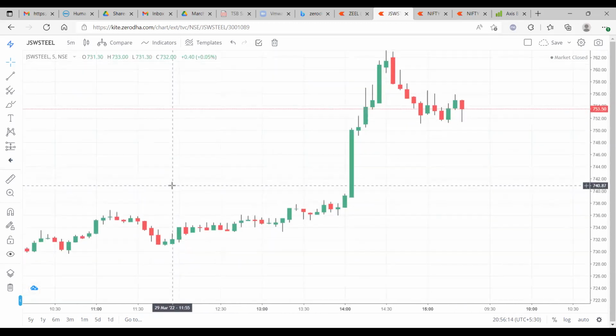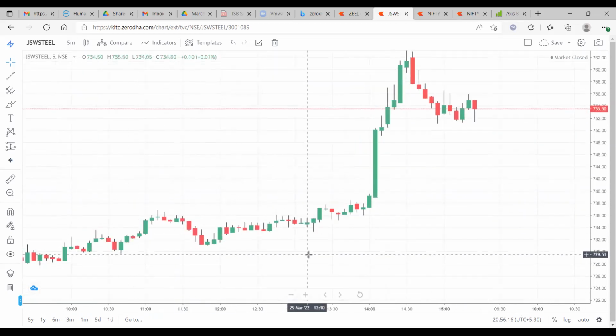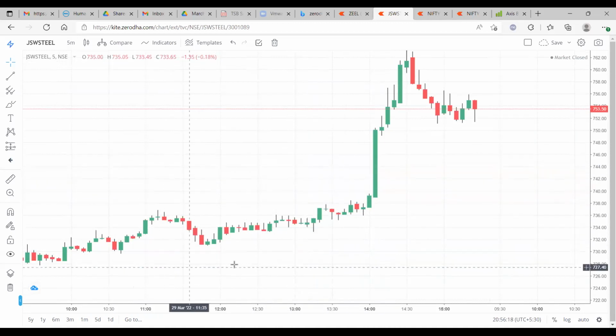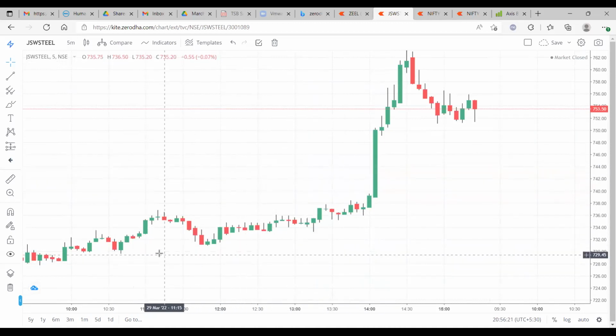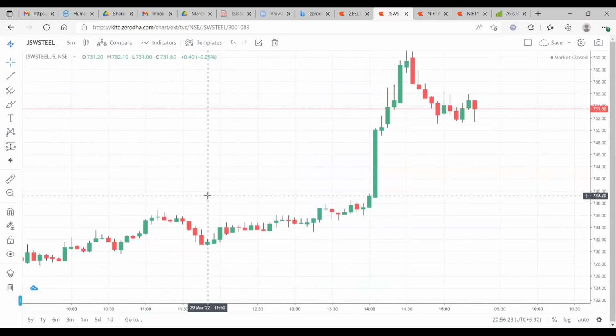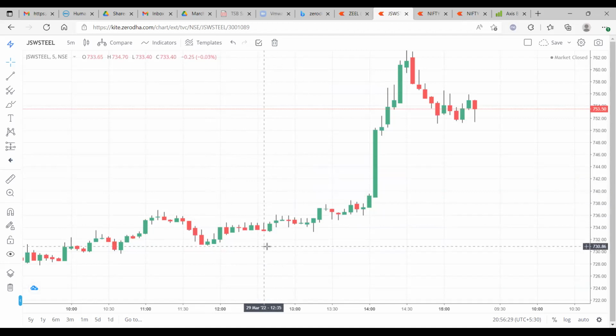Now, what we are doing here is, we will apply our analysis on this. We will apply a couple of indicators on this and then analyze whether it is going to go up or down, and accordingly, we will be going for a buy call or sell call.